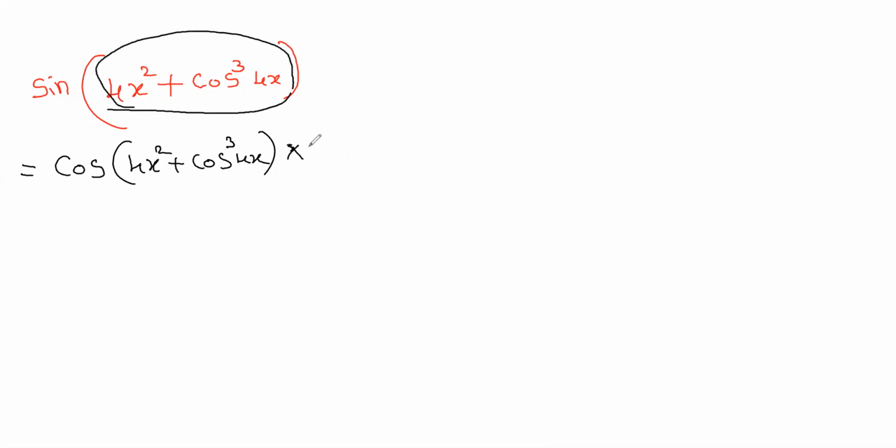So it's 8x plus cos cube 4x. So how do I write cos cube 4x? Same thing, cos 4x whole cube. Any power over the cos, you can take it out and keep it for the whole.